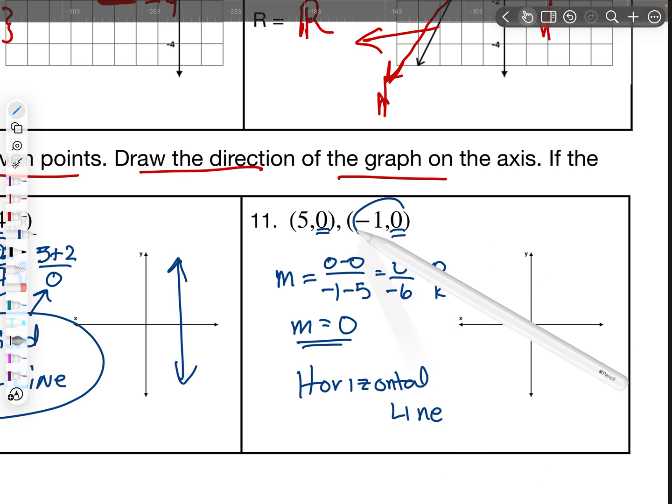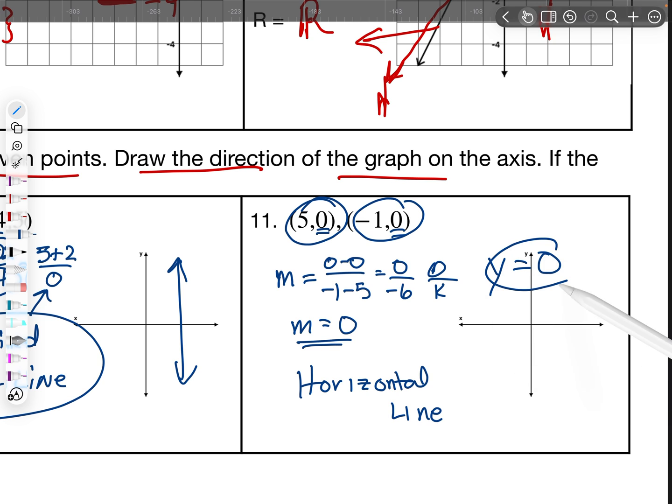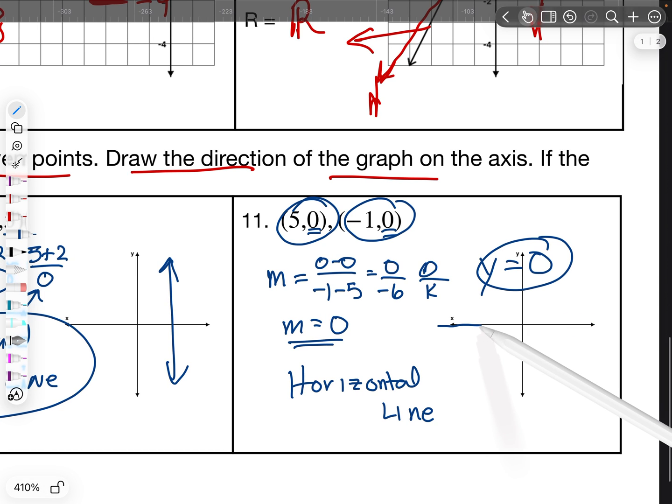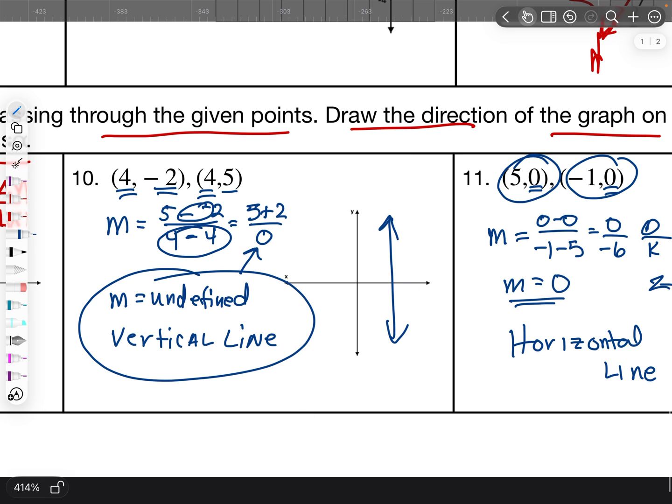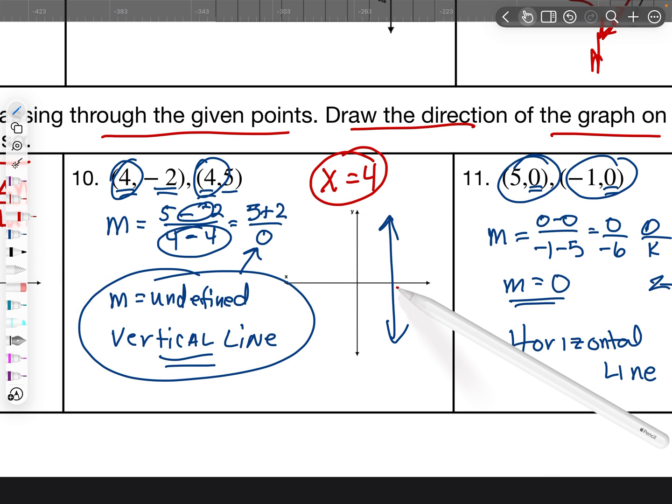In fact, look at that thing. The y value is always the same number. That's the equation. Y is always 0. Y is always 0 is our x-axis. This one I know as well. Vertical line, these guys always have the same x values. So that's my equation. X is always 4. This guy goes right here where x is 4.